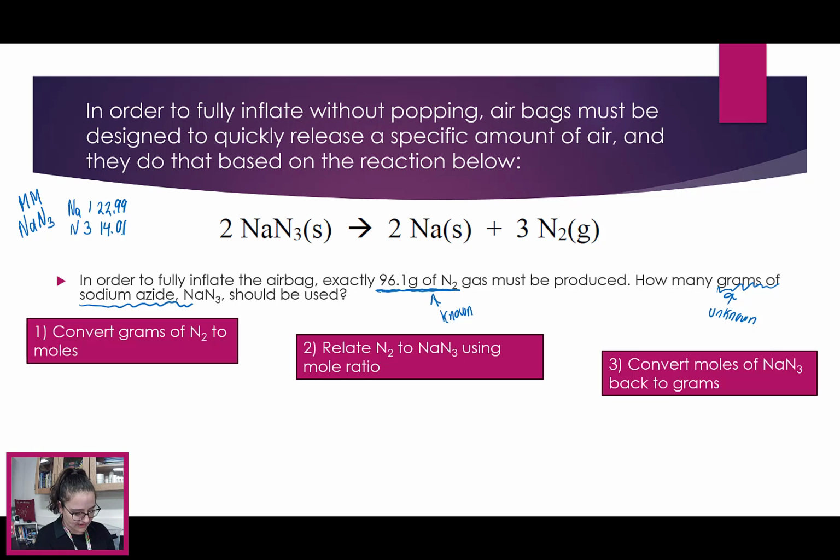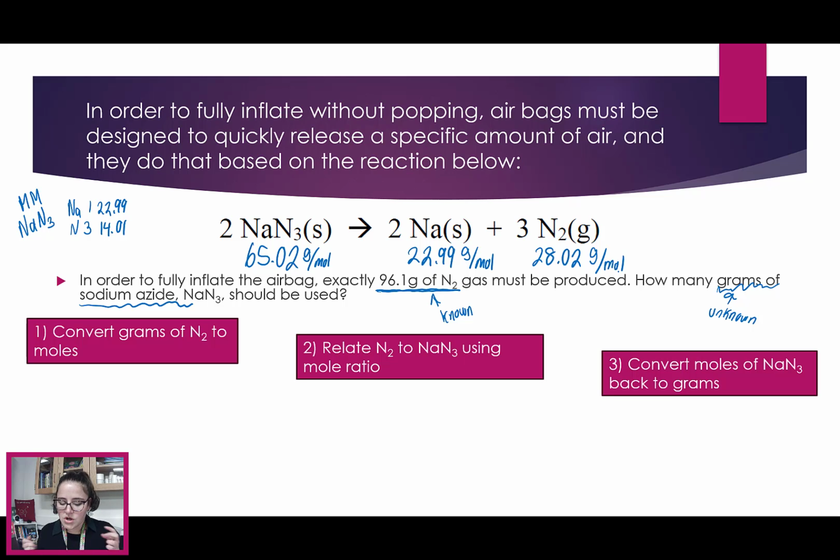So when we add that together, 3 times 14.01 plus 22.99, we get 65.02 grams per mole. And then sodium is just sodium. On the periodic table, it's 22.99 grams per mole, and then N2 is 14.01 times 2, so 28.02 grams per mole.